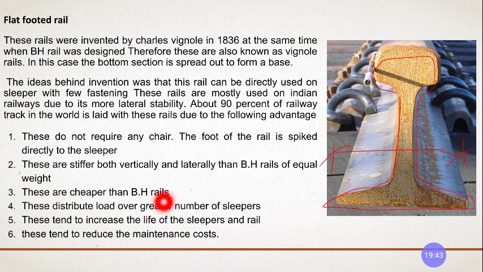Cheaper than bull-headed rails, they distribute the load over a greater number of sleepers and tend to increase the life of the sleepers and the rails. These tend to reduce maintenance cost also. It will increase the life of the sleepers and rails itself also. So all are these advantages of it, right?